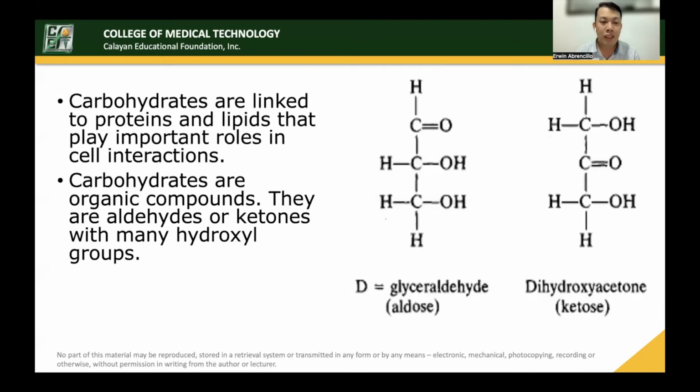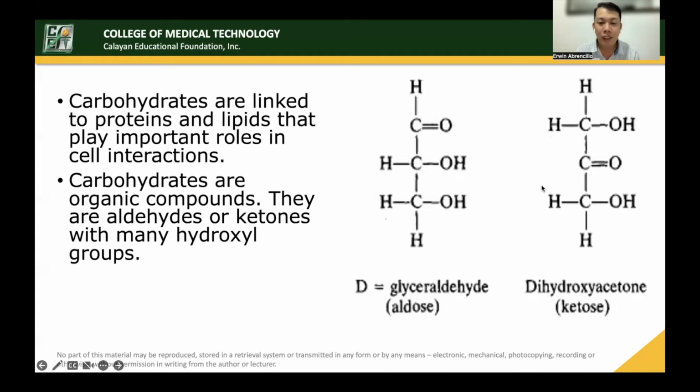And carbohydrates are organic compounds. Of course, it is composed of carbon. And since they are organic compounds, they are classified as aldehydes or ketones with many hydroxyl groups. When we speak of hydroxyl group, these are those things that you can see here, the OH group.